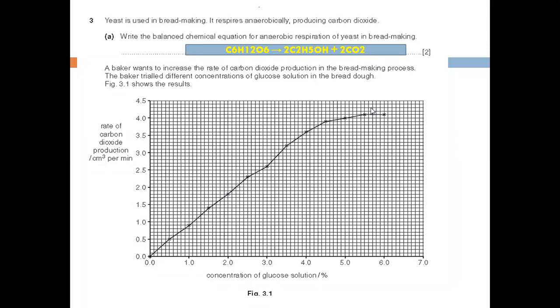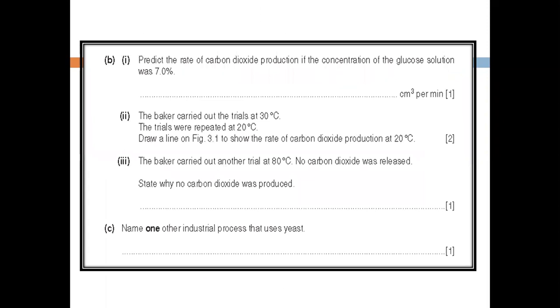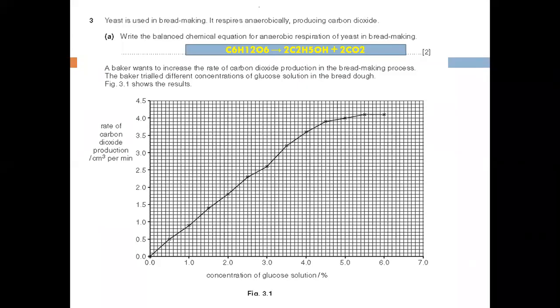Now, let's see what questions they are asking from us. First, predict the rate of carbon dioxide production if the concentration of the glucose was 7%. If the graph becomes constant, that value will give us 4.1, because here the graph has already reached the maximum and is fully saturated.